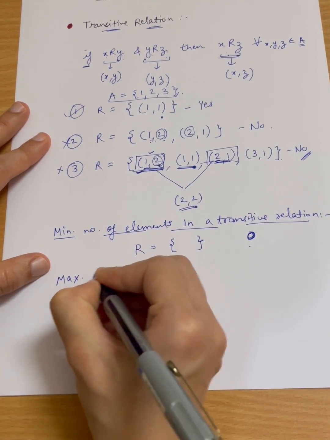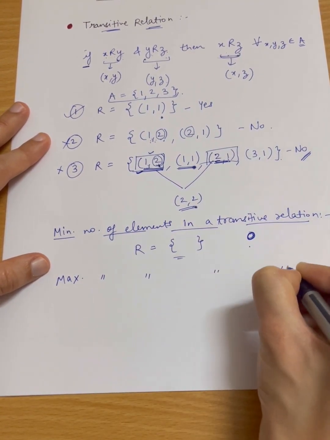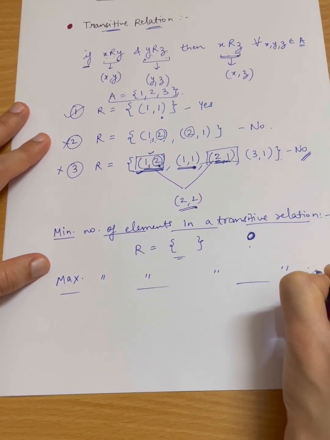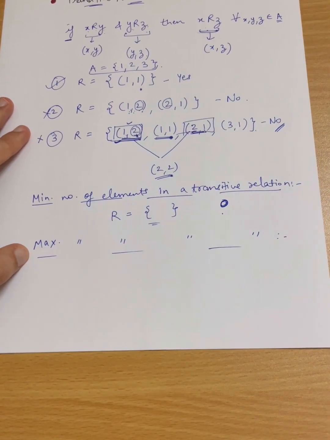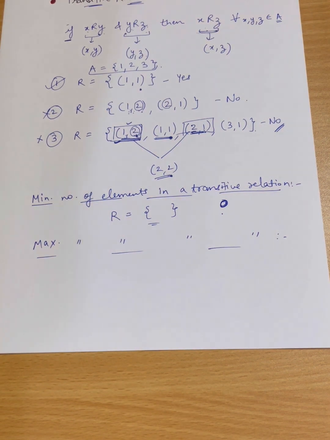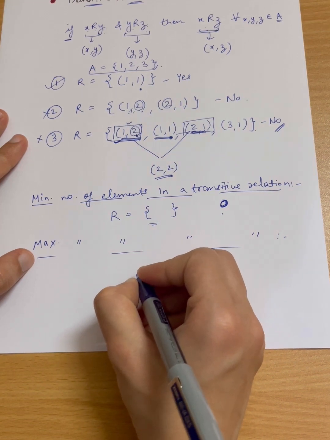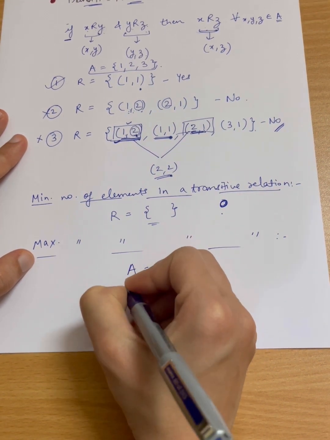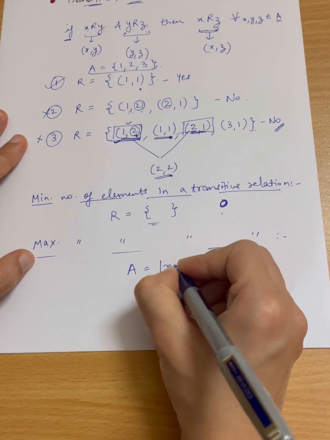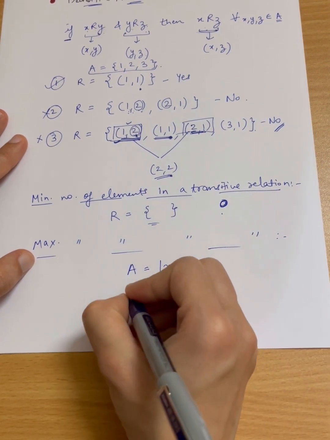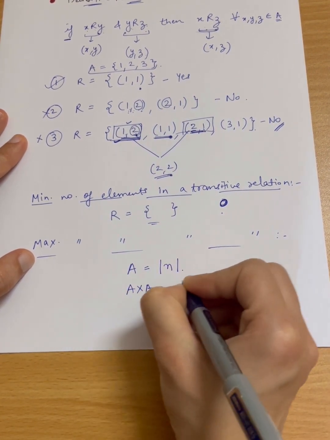Similarly, the maximum number of elements in a transitive relation, the largest transitive relation. So what is the largest transitive relation? If there is a set A whose cardinality is n, then A cross A, the Cartesian product, has cardinality n square.